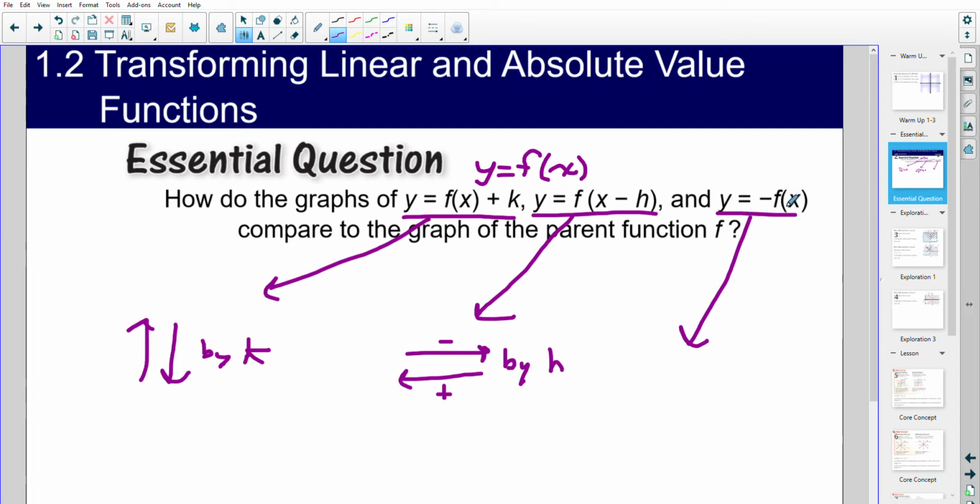The other idea, the transformation, is where you multiply -1 by whatever your y value is. And when you multiply -1 by your y value, you're really flipping your y down over the x-axis. So that's going to reflect over the x-axis.